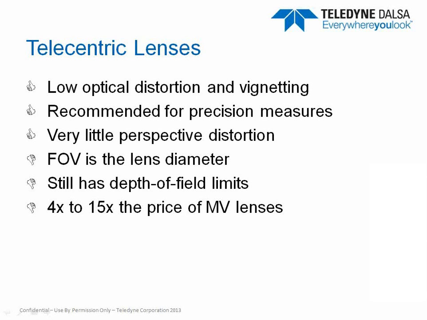They still have some depth of field limits, and one of the things that is not so great is that they are expensive, sometimes 4 to 15 times more expensive than regular machine vision lenses. But if you're trying to design a vision system to do measurement, you don't want to compromise and not get the correct measurements because you're trying to lower the cost.